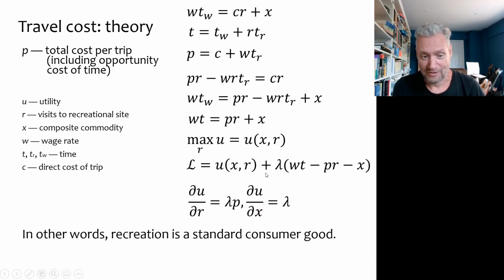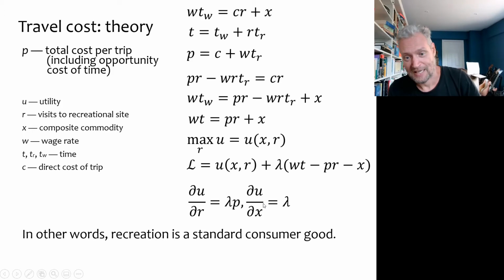So this is just marginal utility, how much you gain from consuming material goods, and that is just equal to lambda because the price is normalized to 1. And dU/dR is essentially, this WT just dropped out. This is lambda times P times R, but then we differentiate with respect to R, so that becomes lambda P.